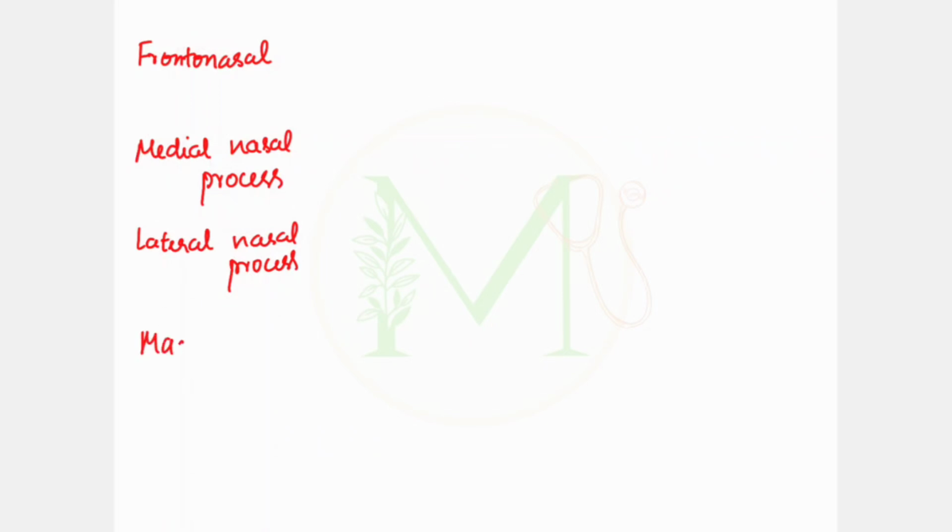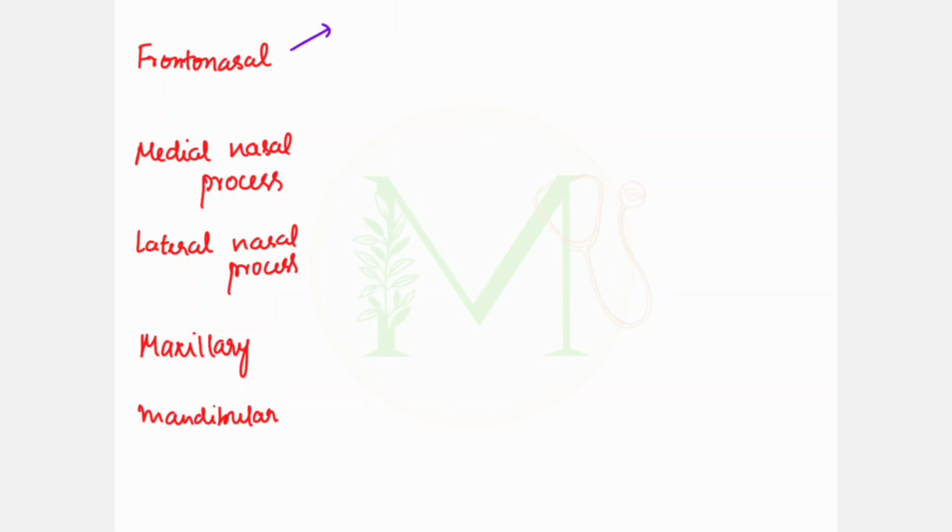Then we have maxillary process and mandibular process. Simply, we have frontonasal, medial nasal, lateral nasal, maxillary and mandibular. Let's see the structures which are derived from the respective prominences.